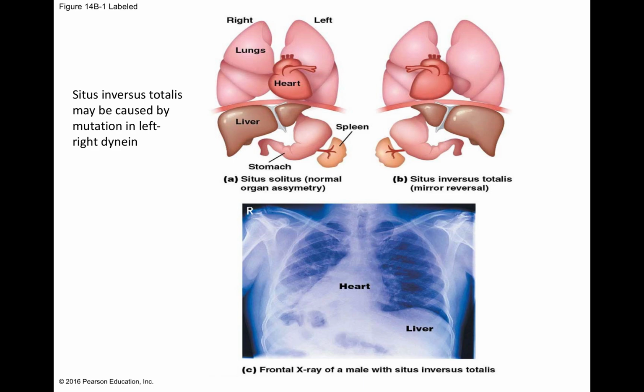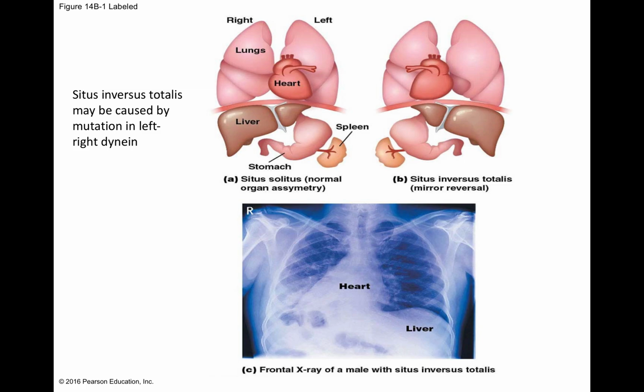There is a condition you probably hear about if you go to medical school, or if you watch Grey's Anatomy, or any of those med shows, called situs inversus totalis, where all the organs' left-right asymmetry is switched. So typically you would find the heart on the left side of the chest, but in people with this mutation, it's found on the right side of the chest.